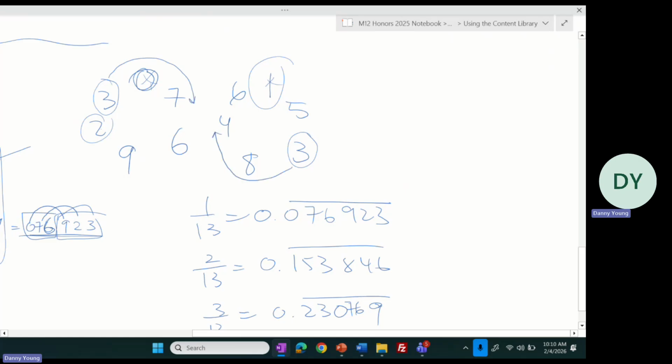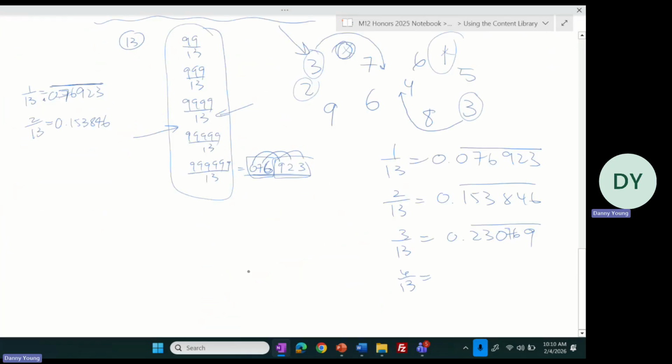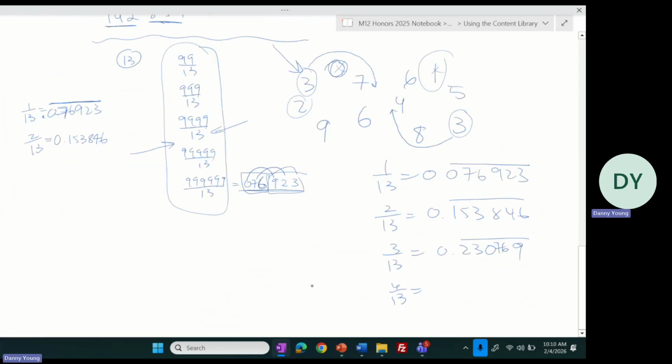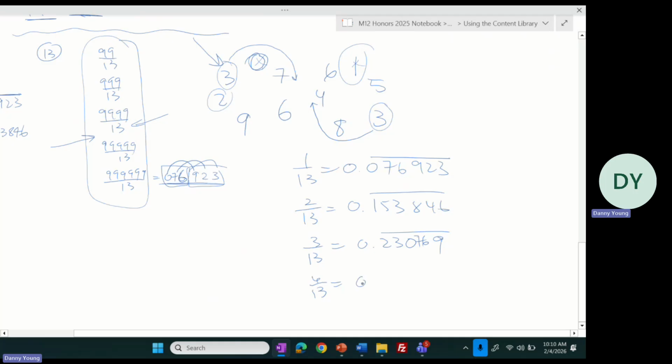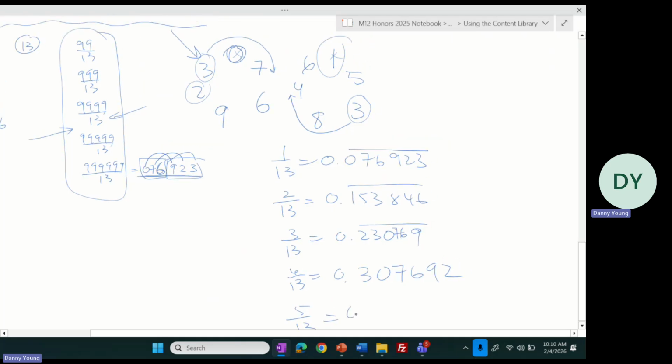So you would take this one, and 4/13 will be 0.307692. And then 5/13 will be the next biggest one, which is 0.384615.